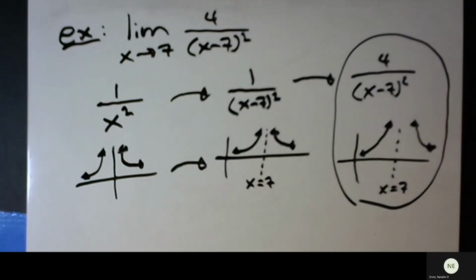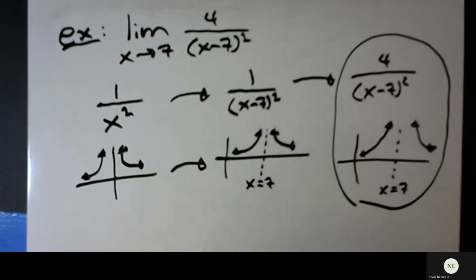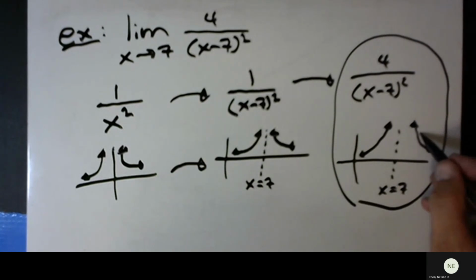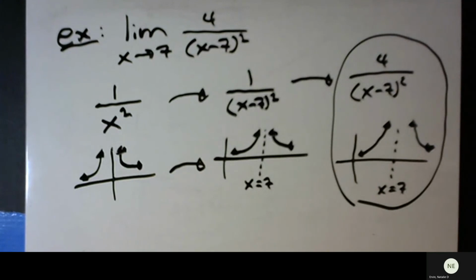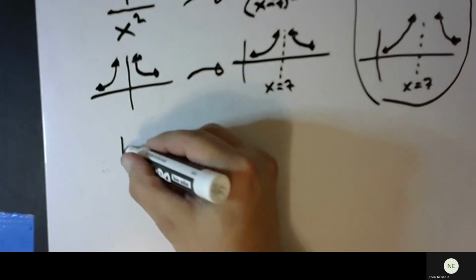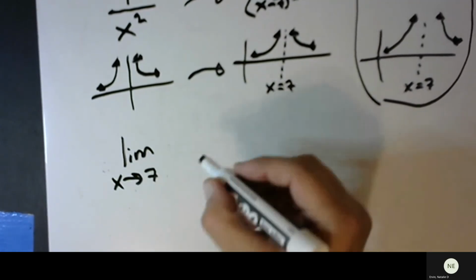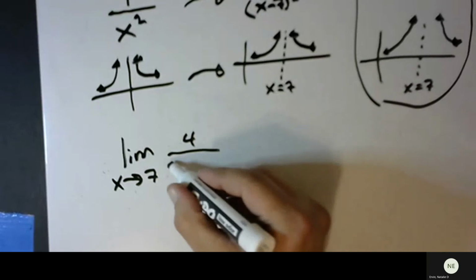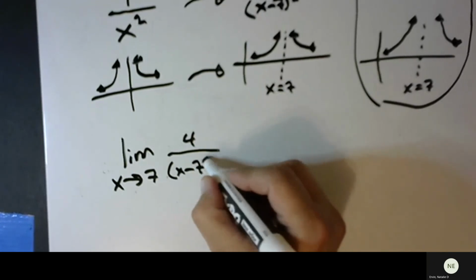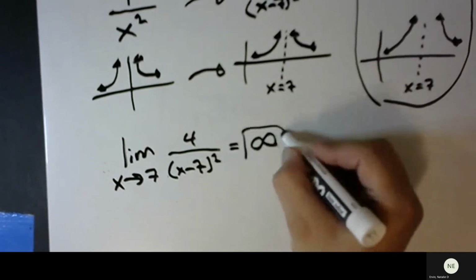So as we approach x equals 7 from the left, we're going to get infinity. And as we approach it from the right, we're also getting infinity. So this means the limit as x approaches 7 of 4 over (x minus 7) squared is equal to infinity.